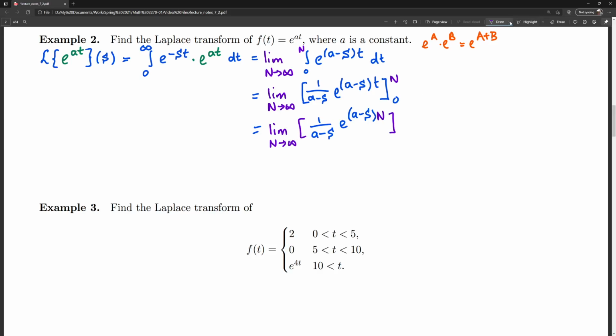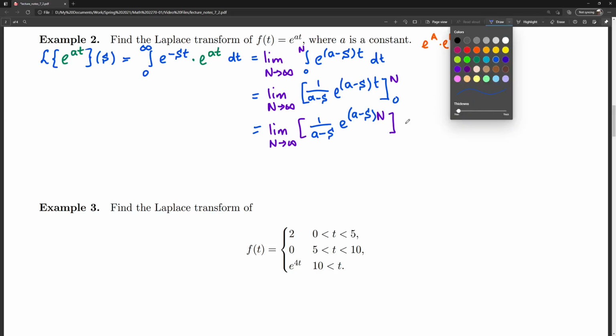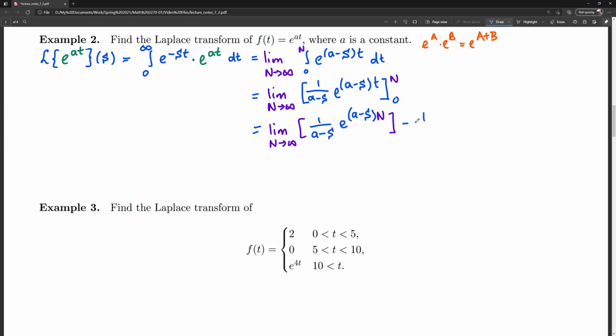And then we're subtracting 1 over a minus s times e to the power a minus s times 0. Now when you plug in 0 here, this term becomes 1. So our second part of this expression is just minus 1 over a minus s.